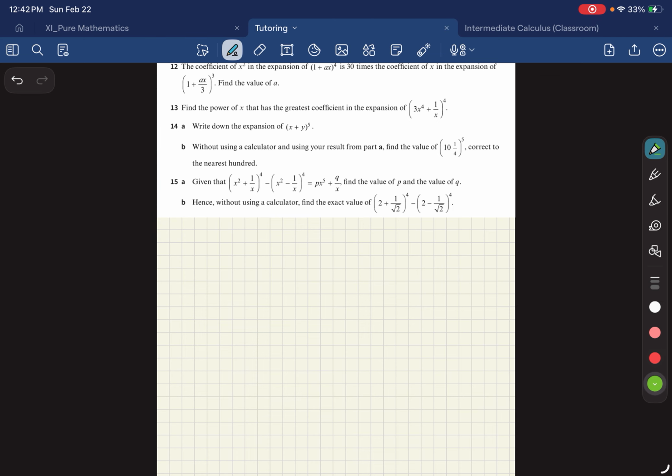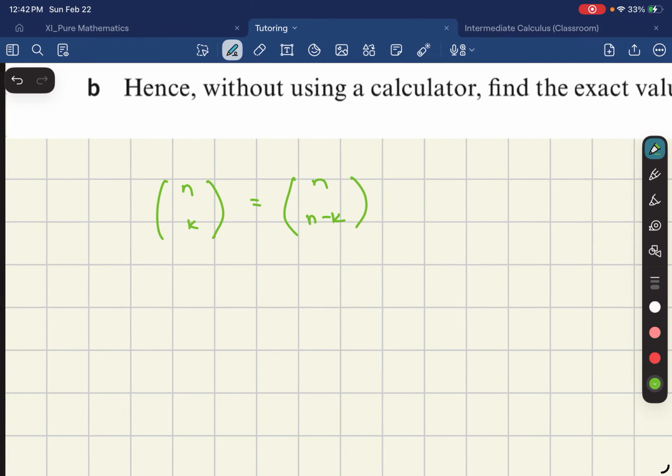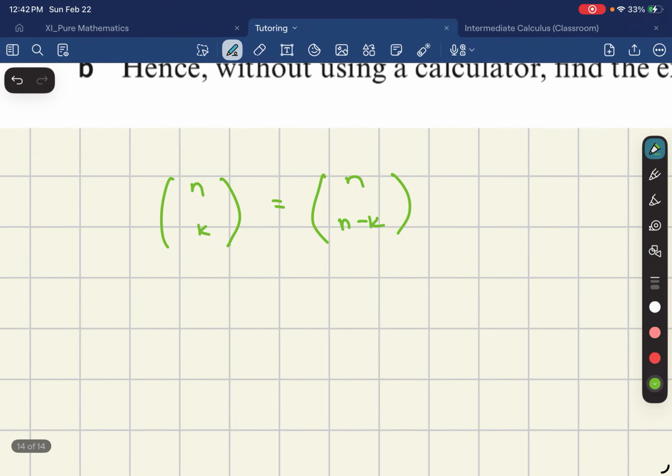And there's one last idea that I want to give you. And that is nCk is equal to nC(n minus k). So basically what I'm saying is 5C3 is equal to 5C2. It's going to be the same thing.